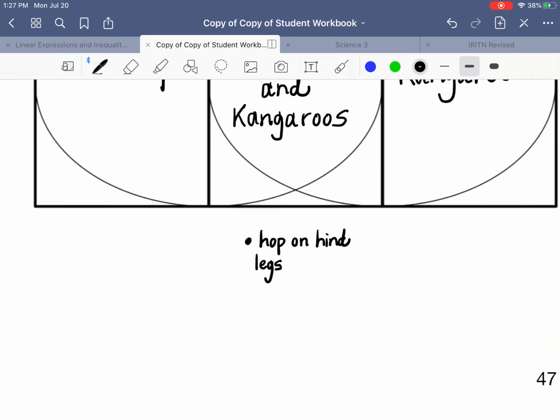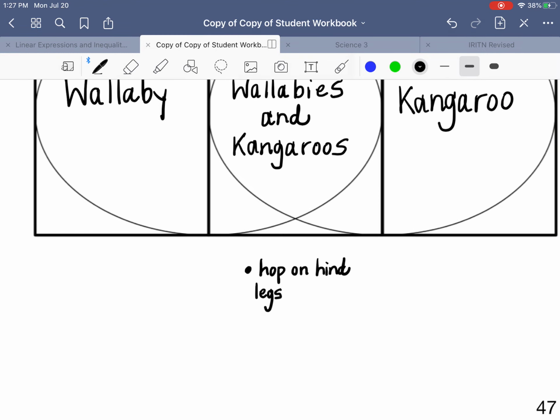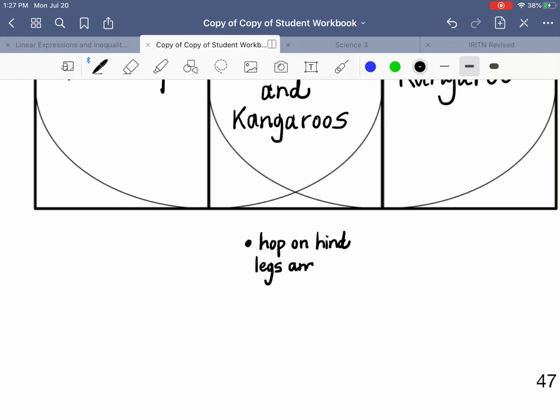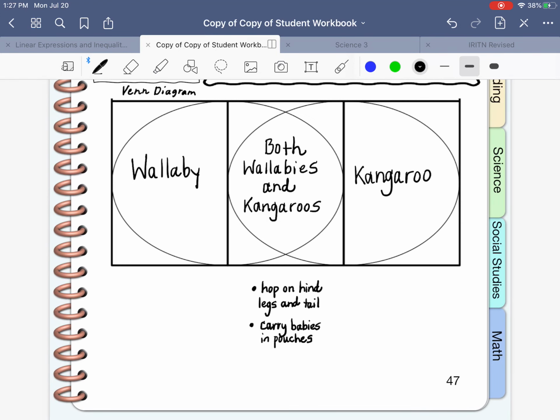And there was more to that. It wasn't just their hind legs, it was their hind legs and their tails. So both hop on hind legs and tail, and they're both marsupials. They both carry their babies in pouches. You remember we did a timeline of that, how long the baby stays in the pouch. So these are the similarities. This is where we are comparing the two.